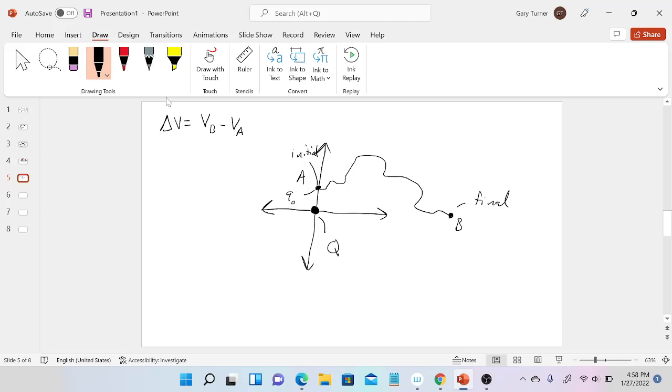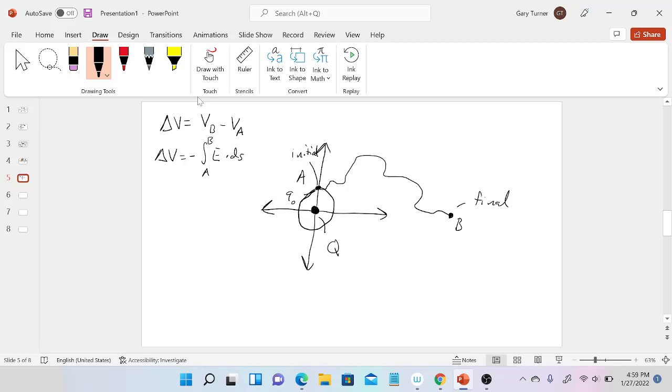So with that in mind, VB minus VA is also going to equal the negative of the integral of E dot ds from A to B. But ds is just going to be the straight line distance from the charge out to this point. So you might as well, because the potential around a charge is going to be the same everywhere around a circle that surrounds that charge.